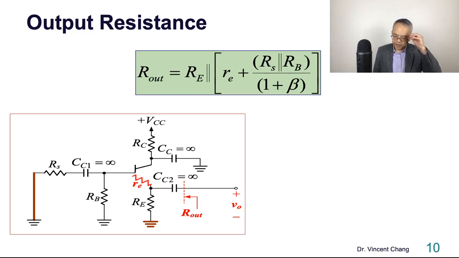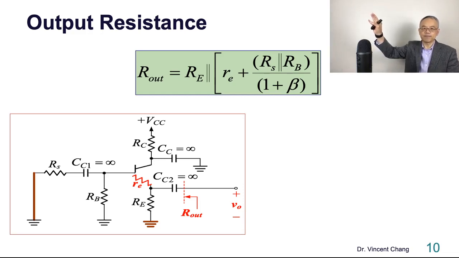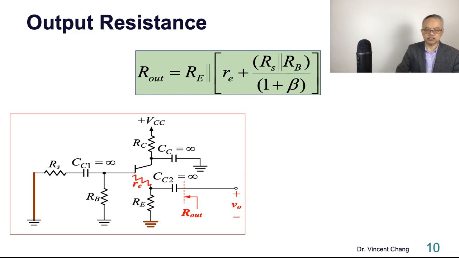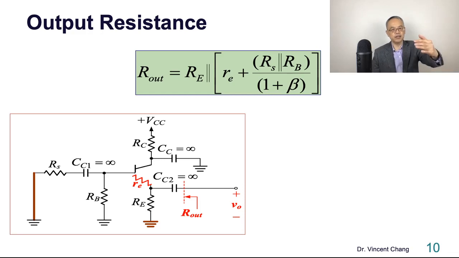So we are looking into the emitter, so RE's identity doesn't change. But the base guy, when taken back to the emitter, has to be divided by 1 plus beta.